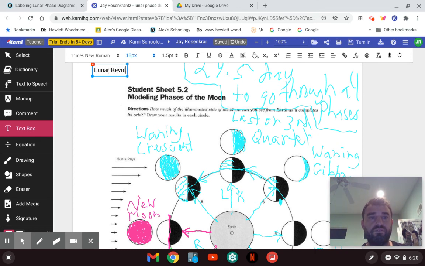Lunar revolution causes the lunar phases. Okay? So lunar revolution, which means the moon orbiting the Earth. So if you want to add that in, lunar revolution, that means moon orbiting the Earth causes the lunar phases.